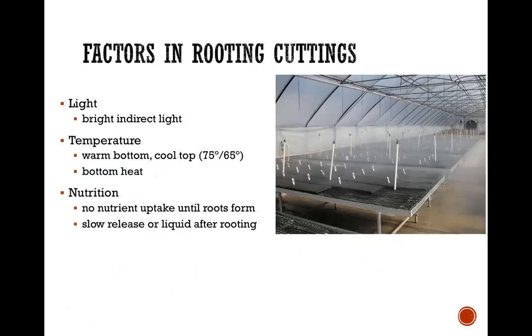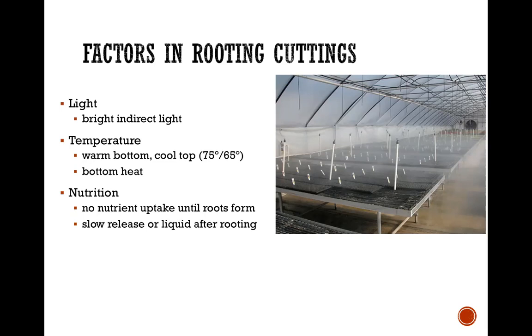Now, when you're taking stem or leaf cuttings, it's really important that you maintain conditions in the chamber or in the greenhouse or even at home that are ideal. And so you want to have some light, but not too much. So indirect light, not bright light, because you really don't want to induce photosynthesis.